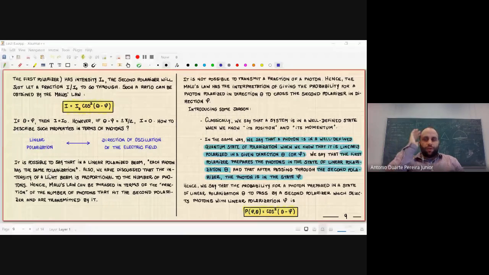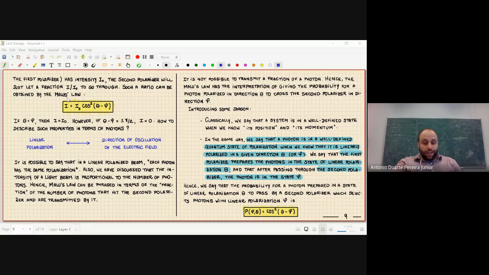Even if it is difficult for you to imagine the polarization of a photon, which we view as a particle, this is a terminology that we use. And what we have discussed in previous lectures last week is that the intensity of a light beam is proportional to the number of photons.